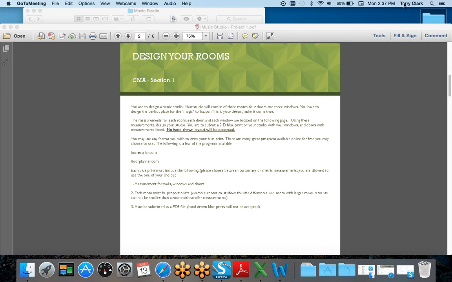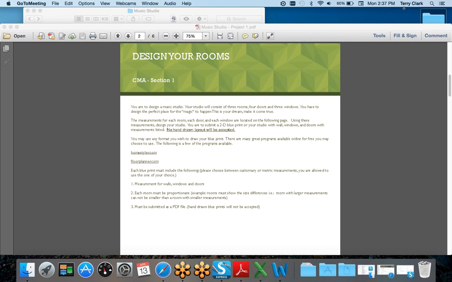Okay, so it says you have to design a music studio, 3 rooms, 4 doors and 3 windows. You have to design the perfect place for the magic to happen. This is your dream to make come true. The measurements for each room, each door, and each window are located on the following page. Use the measurements to design your studios.